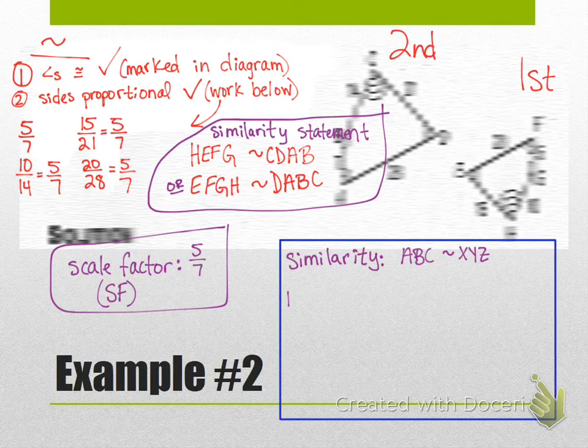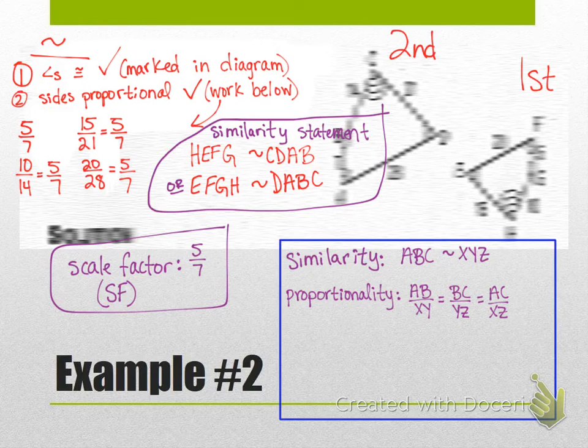If they ask for a statement of proportionality, that's different. We didn't see that on this one, but we did on number 1. For proportionality, it would look like AB over XY equal to BC over YZ equal to AC over XZ.